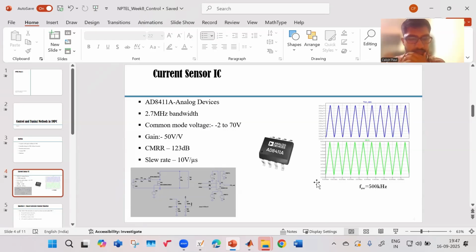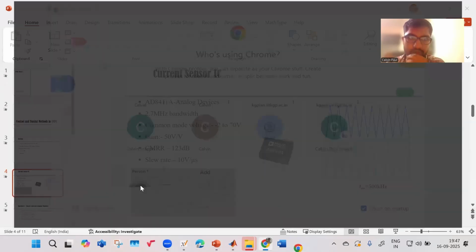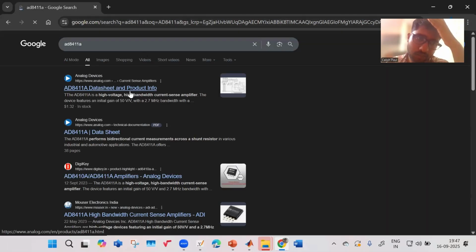Sir, what is the current that this IC can measure? To check, I have to check. Let me just see. Just say D84118.